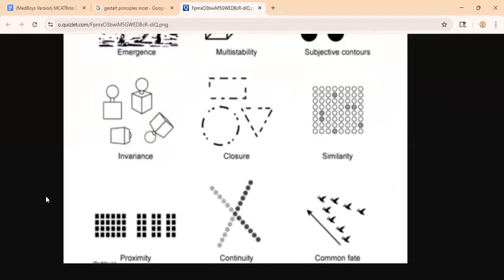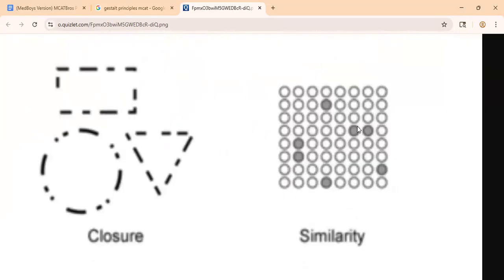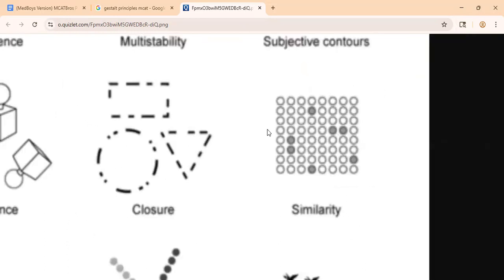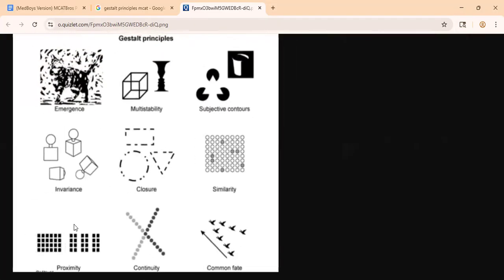So that's one way you could detect proximity versus similarity. But with similarity, you do have different shapes. Items similar to one another are grouped together, while with proximity, objects that are close together are grouped together. So you see, completely different. Pay attention to these two.